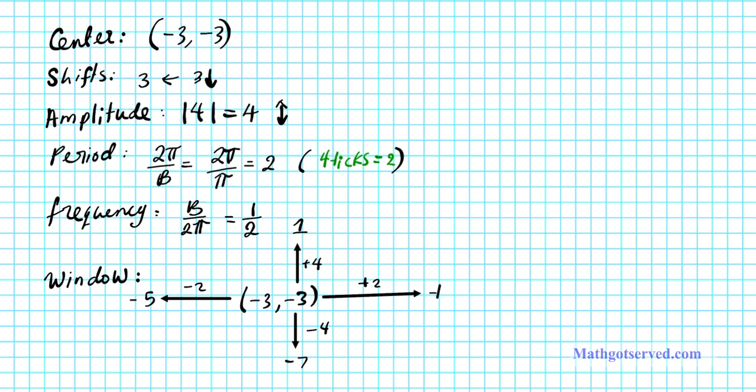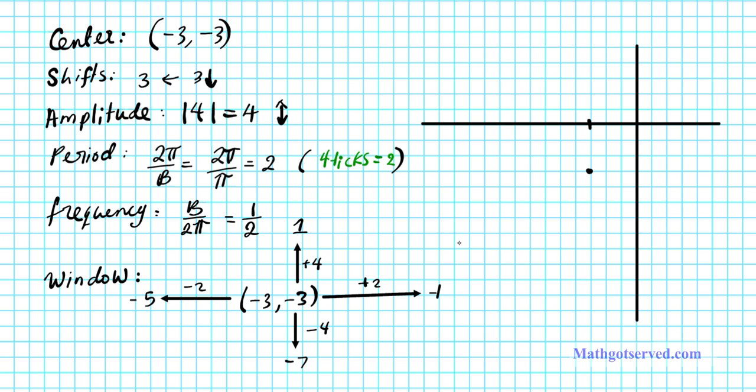All right, so let's go ahead and sketch our graph. It's going to be in the third quadrant. All right, so we're graphing the sine function. So let's see how we're going to do this. We'll start with the center, -3, -3, 1, 2, 3, 1, 2, 3. So there goes the center.